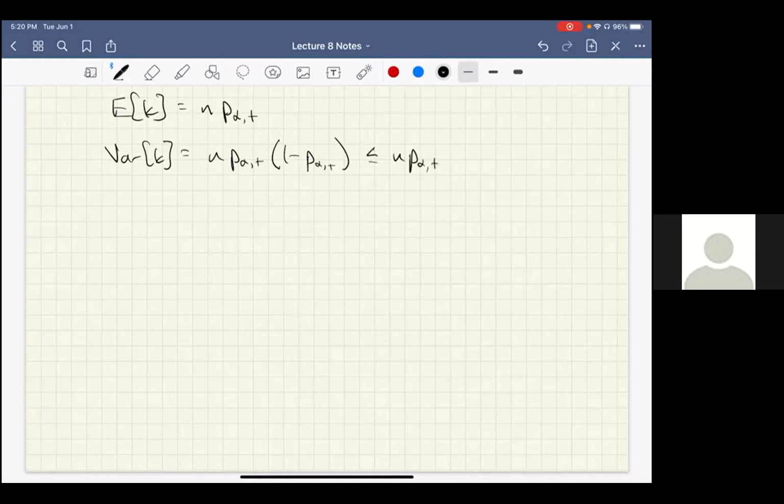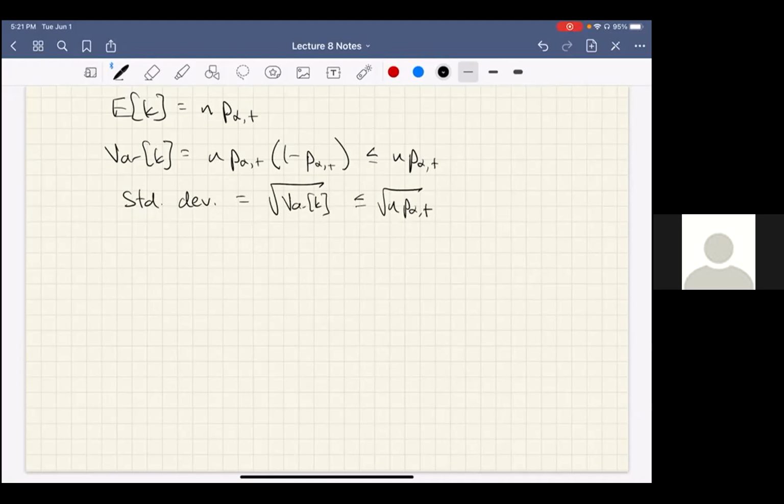I'm going to upper bound that variance for simplicity, so I don't have to worry about this. This is the largest value that I could possibly have for the variance. And that means the standard deviation is equal to the square root of the variance, which is less than or equal to the square root of n p alpha t.